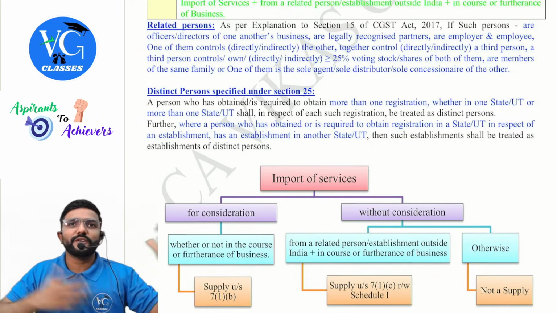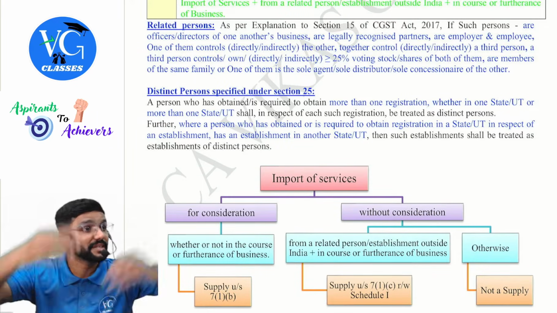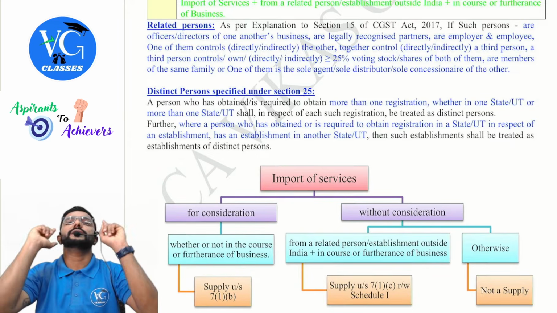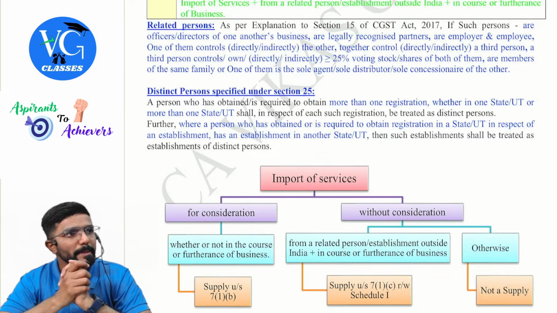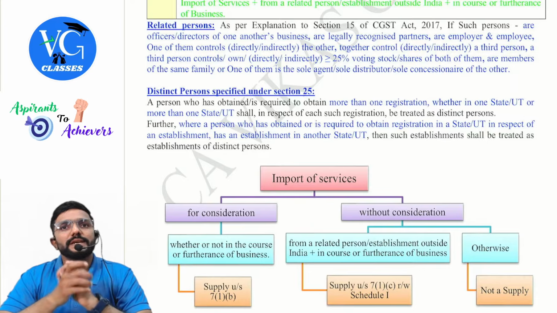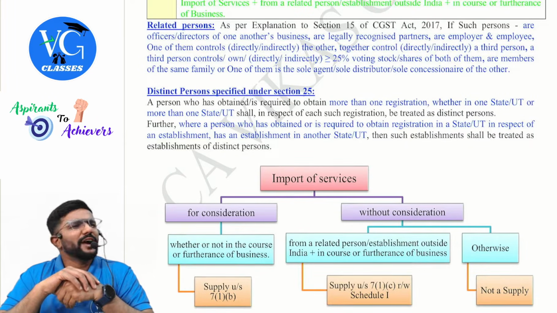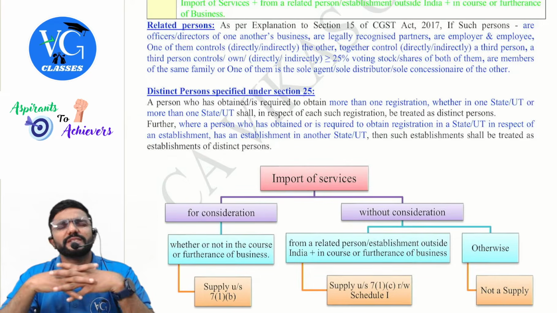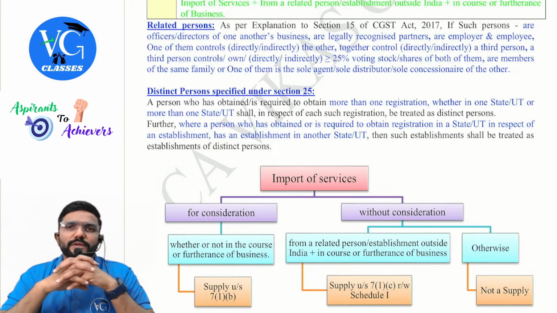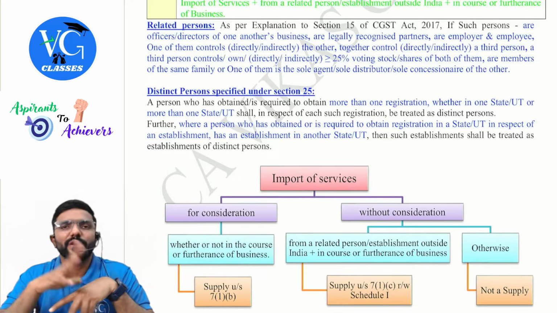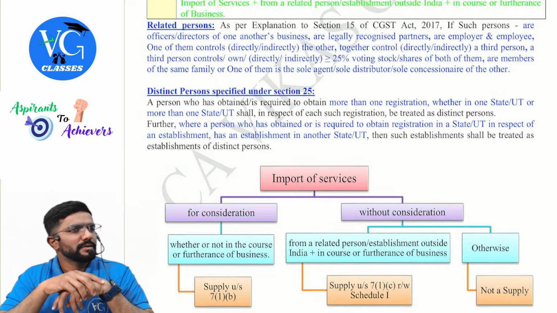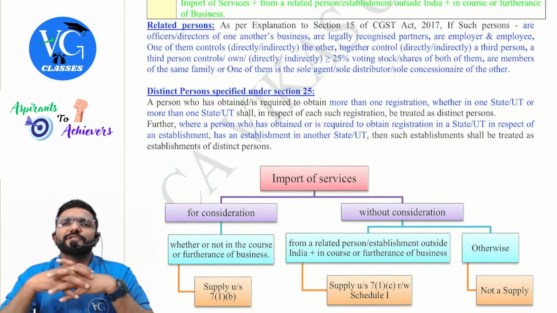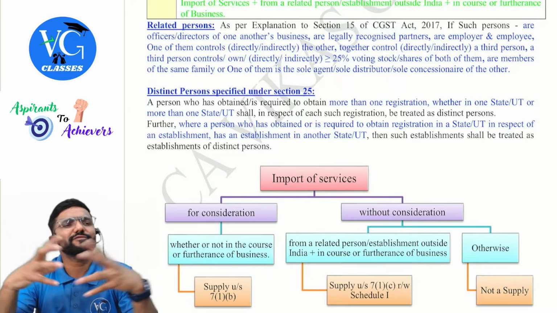If there is any movement of goods or services between the distinct persons, even without consideration, it is a supply. Next, sir, within the state, I have multiple branches or multiple business verticals, different business wings. How many registrations do I have to take? 1, mandatory. Sir, can I take separate registration for each of my branches or each of my businesses?